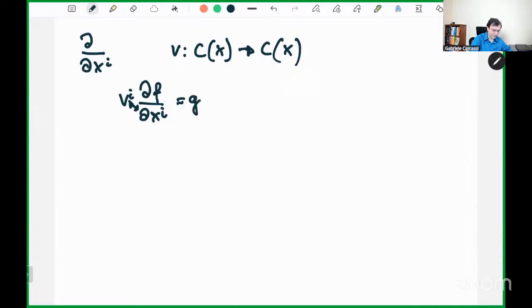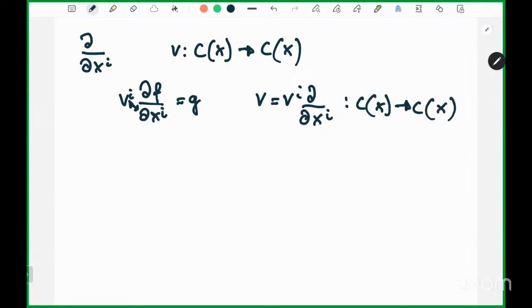So the vector v is essentially v^i partial derivative with respect to x^i. And this is a map that takes a continuous function and gives us back another continuous function. Well, the function should be at least differentiable, obviously. Yeah, I mean, smooth function, I meant to say. There should be an infinity here.